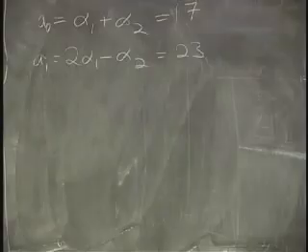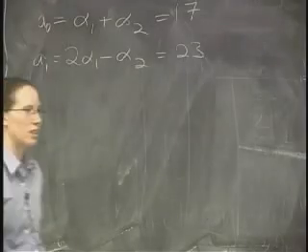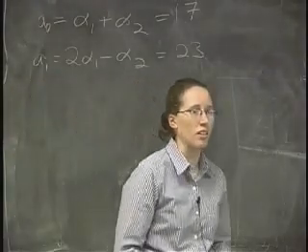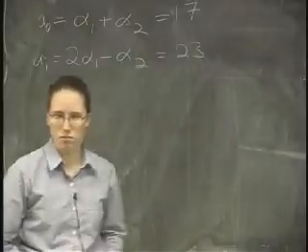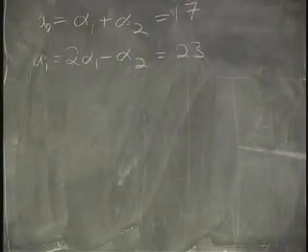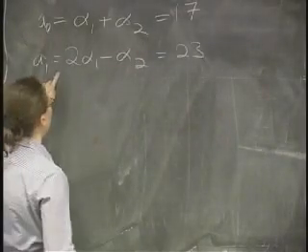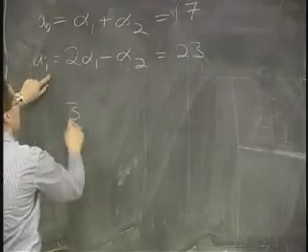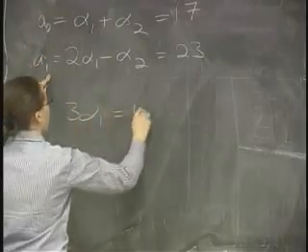And now we see the use of all this linear algebra we learned. We have to solve these two equations in two unknowns. More generally, we'd have k equations and k unknowns because we would have had to start with k initial values. So if we add these two equations, we get 3 alpha 1 equals 40.